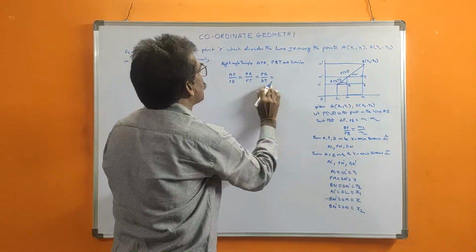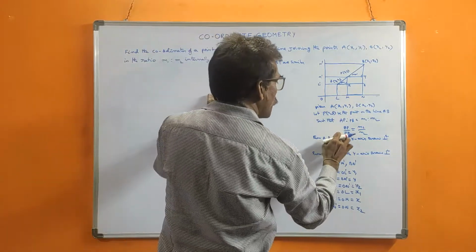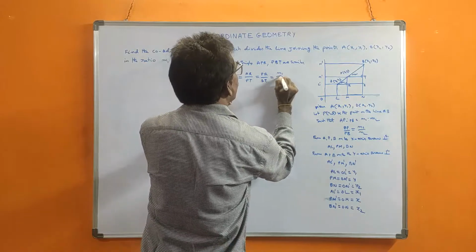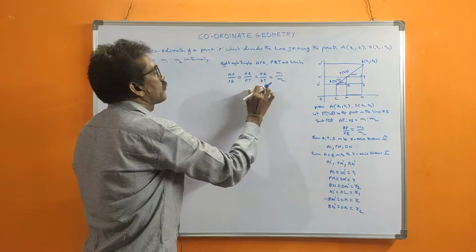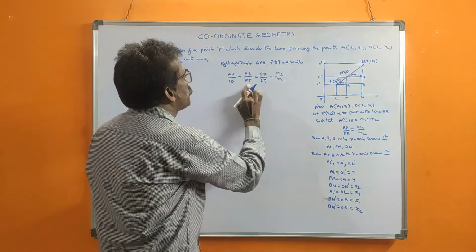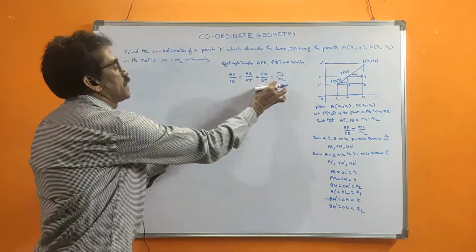Okay, all these are equal. But see, AP by PB is given as M1 by M2. So all these are equal: AP by PB is equal to M1 by M2, AR by PT also M1 by M2, PR by BT also M1 by M2.